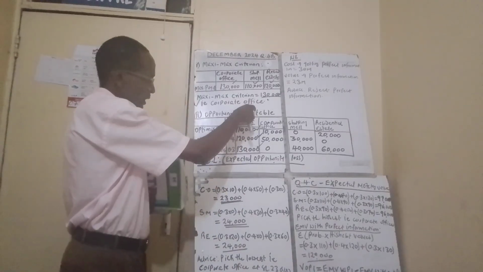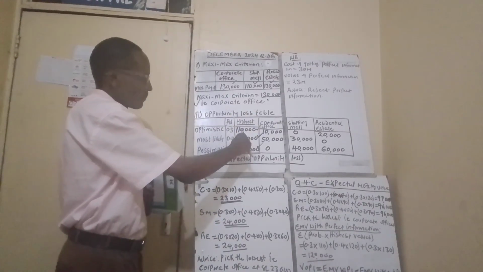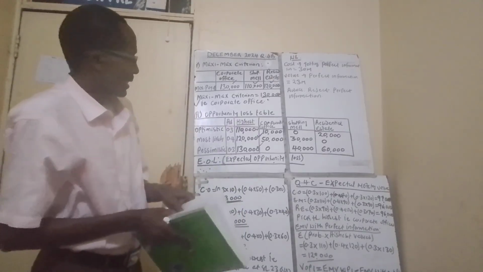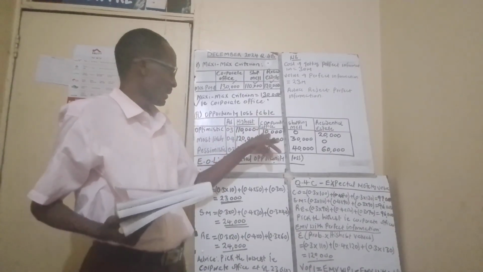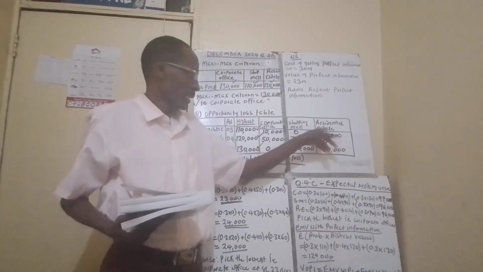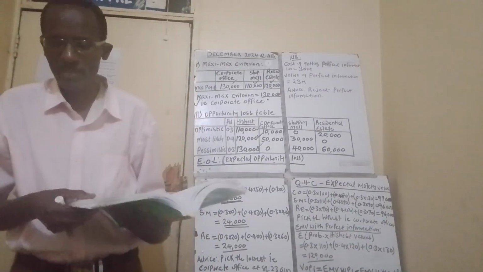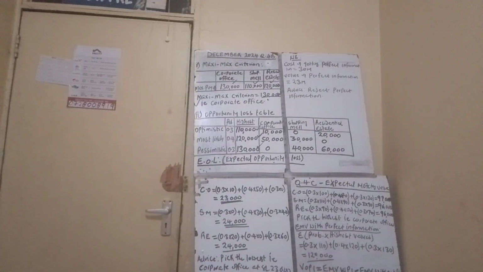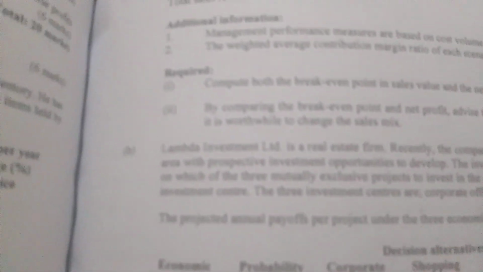So you started by putting these highest numbers there, then you get this number. So how did we get 10, 0, and 20? Let me show you. The first one is 110 million, because 110 is the highest number there.